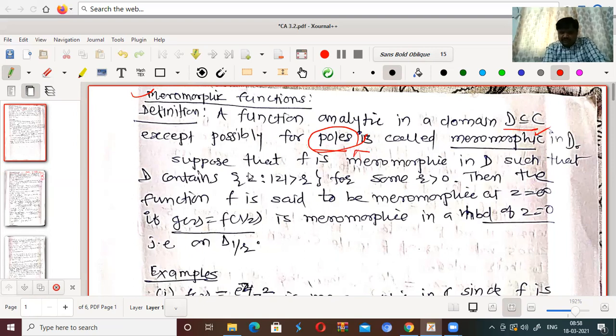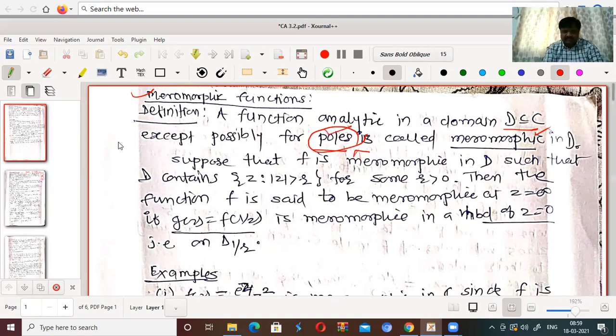If we remove these singularities, the function should be analytic there. So a meromorphic function is a function which is analytic except possibly for some poles.